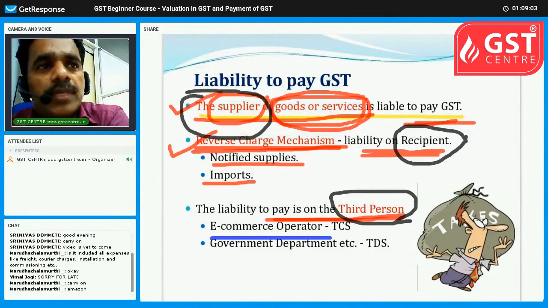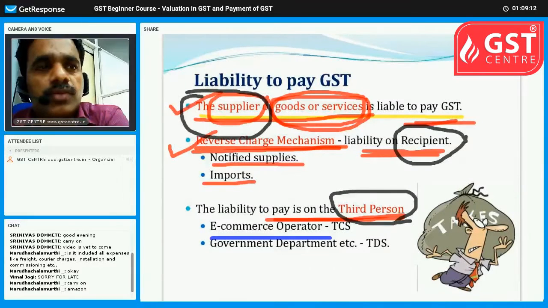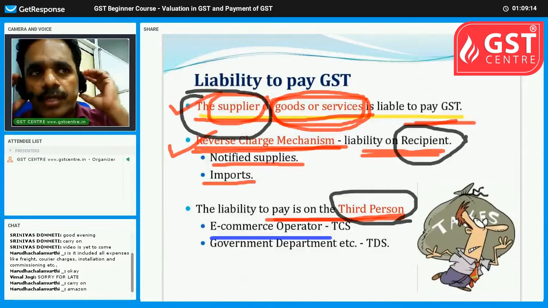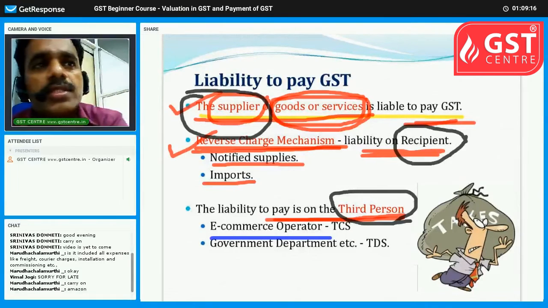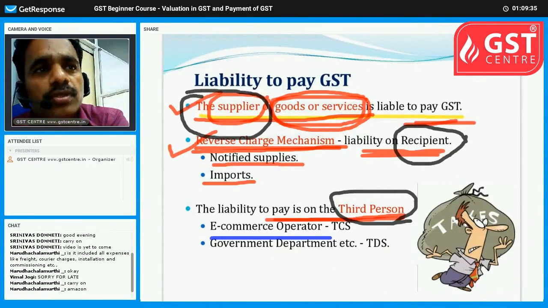So suppose a company, say Micromax mobile company, is selling their mobile through the Amazon platform. Amazon is an e-commerce operator and Micromax is a mobile selling company. And one customer buys this Micromax mobile from Amazon. In that case, the customer has to pay the amount to Amazon.